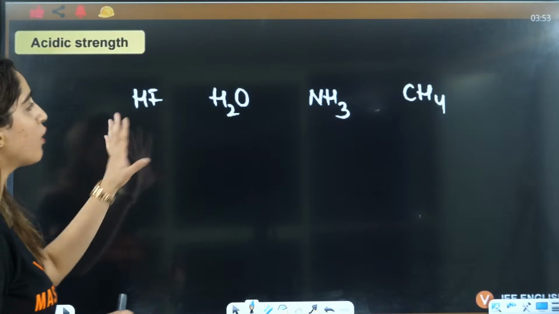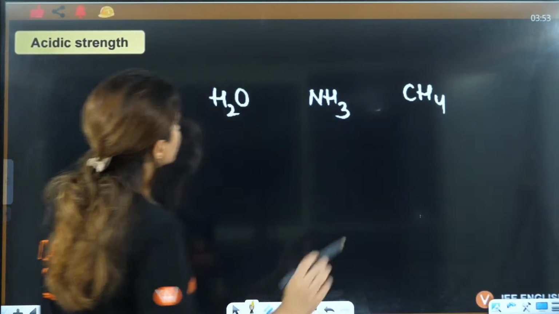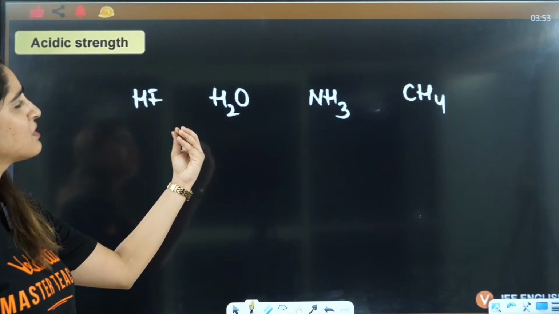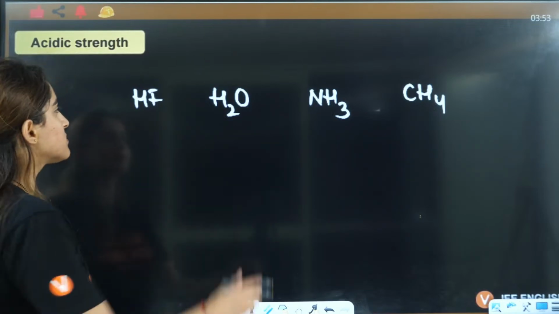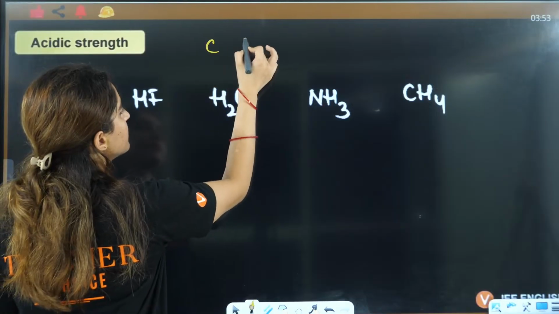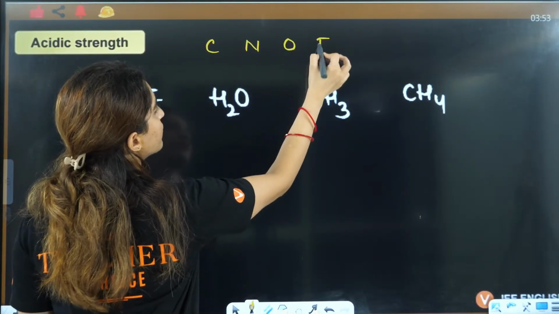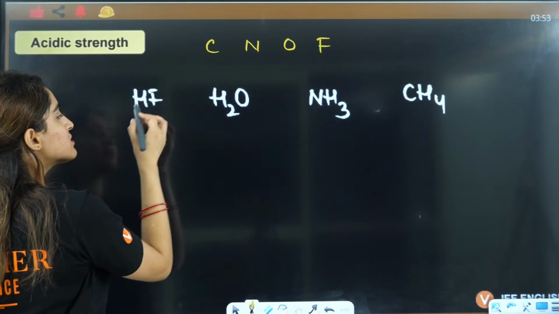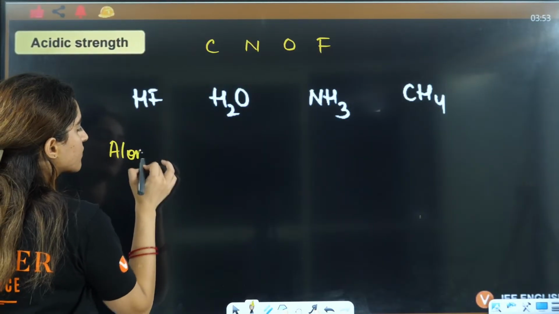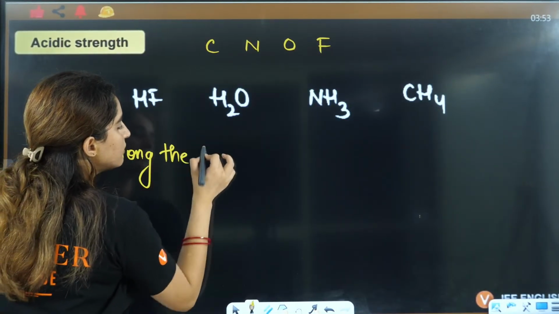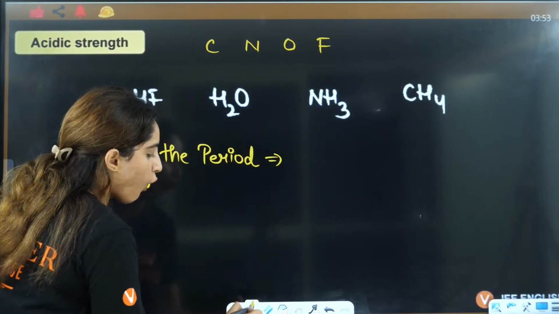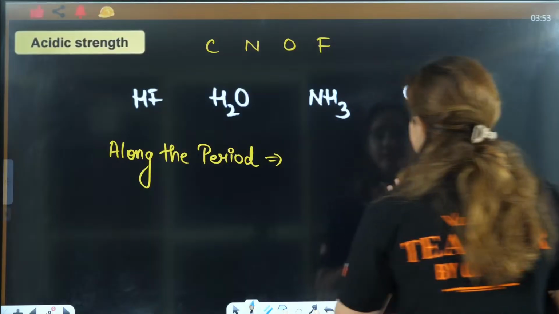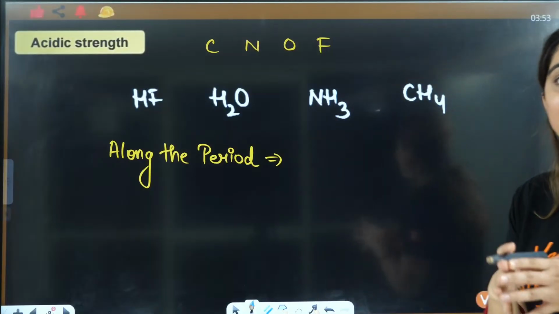Now if you see this, this is fluorine, oxygen, nitrogen, carbon. This is along the period, carbon, nitrogen, oxygen, fluorine, right? And along the period, what you consider is electronegativity.